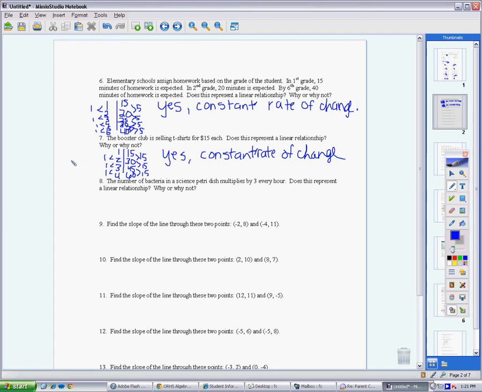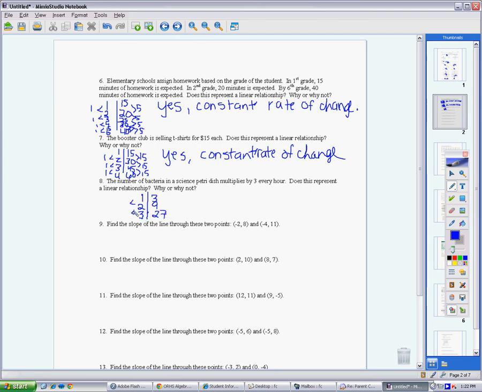Okay, number 8. The number of bacteria in a petri dish multiplies by 3 every hour. So after 1 hour, if I have 1 bacterium, that should be 3 at the end of an hour. 2 hours should be 9, and 3 hours I would have 27.